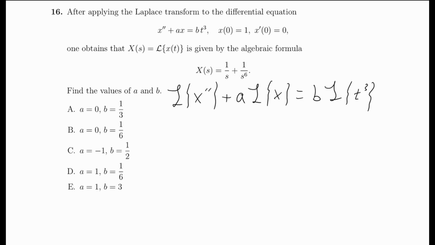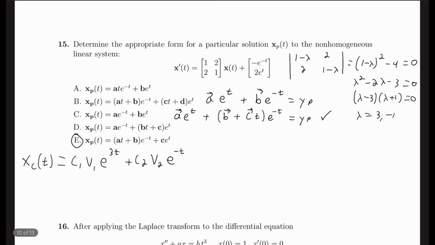So we can take a look at our table of Laplace transforms. For x double prime, take a look at number 18, which gets us a function to a certain derivative. Here n is equal to 2 because it's x double prime, the second derivative.